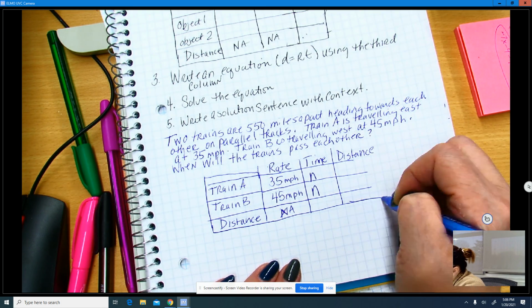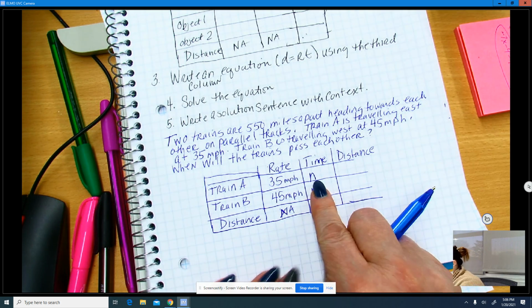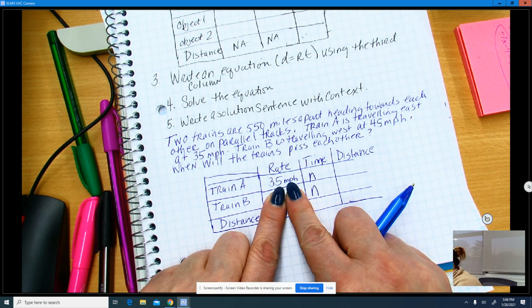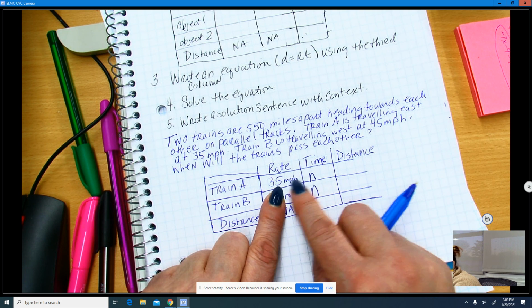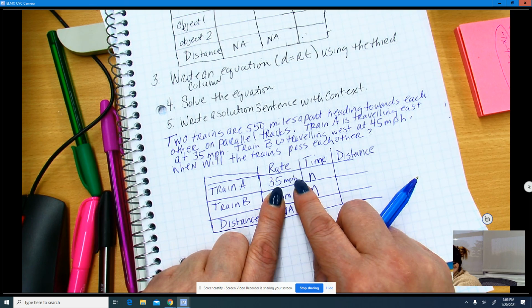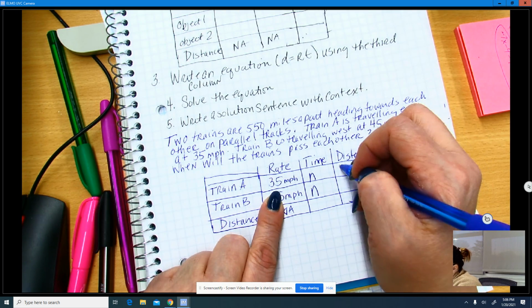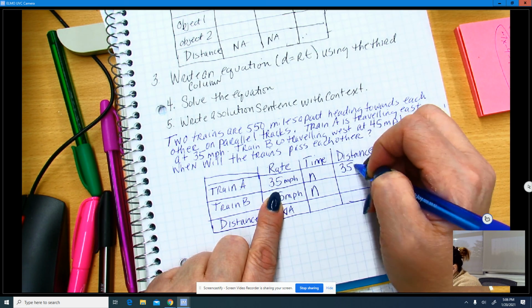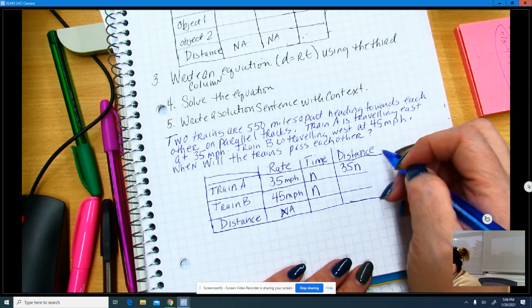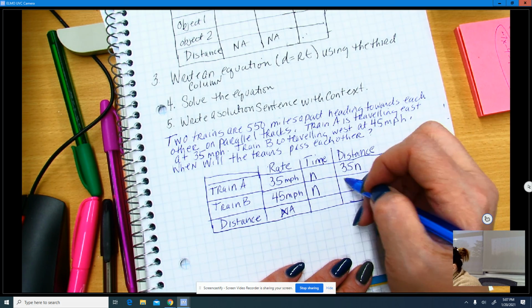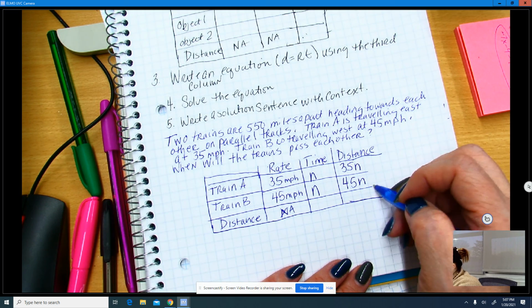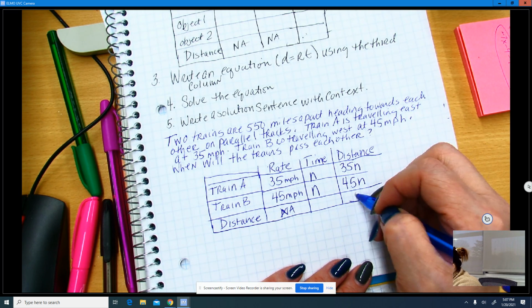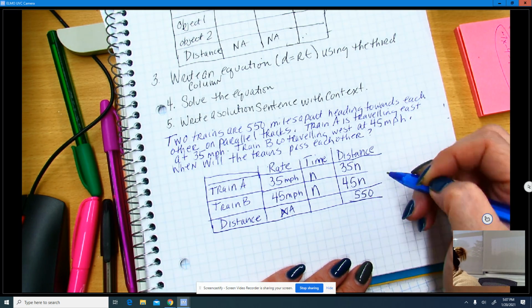And lastly, distance. For train A, they're going to cover 35 miles per hour. So if everybody's traveling for 2 hours, that's 70 miles for them. If it was 3 hours, it would be 105 miles. So rate times time gives you how much distance that train covers. Rate times time tells you how much distance this one covers. And altogether, they're covering 550 miles because that's how far apart they are.